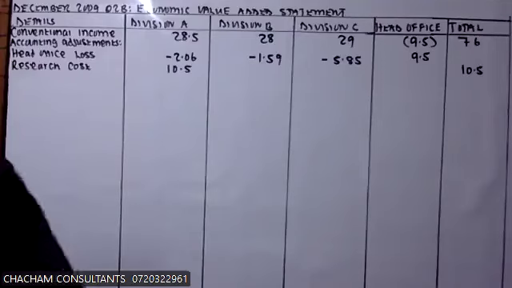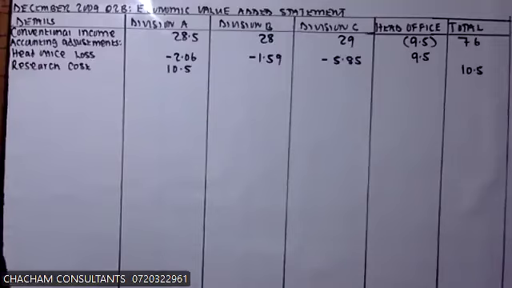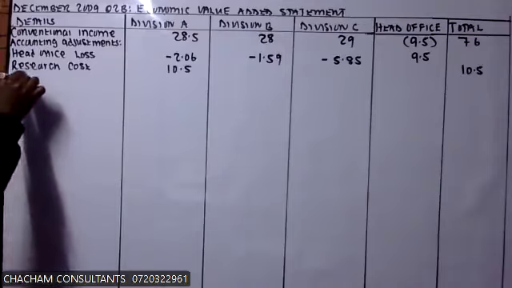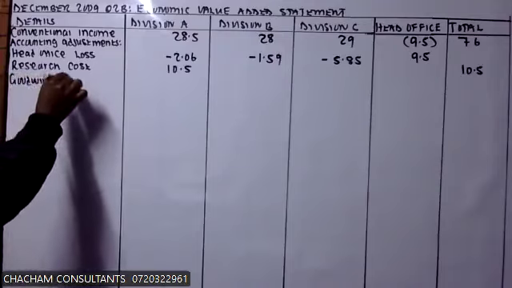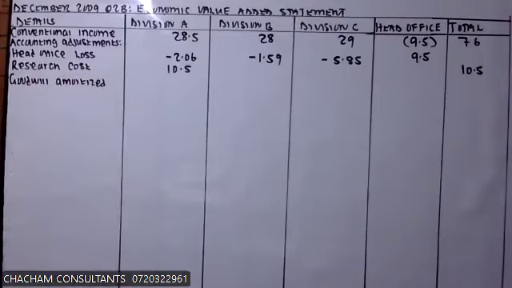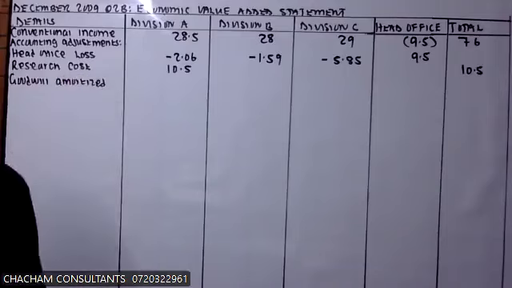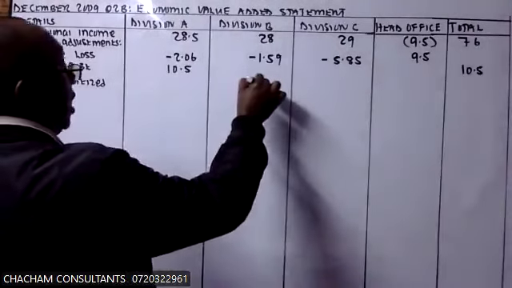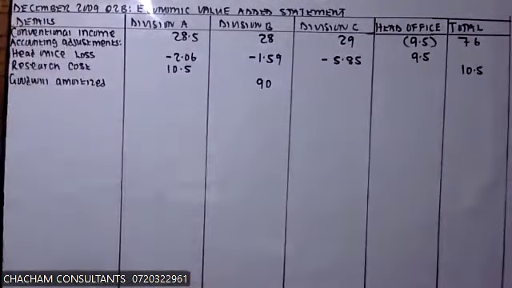The next one is goodwill amounting to 90 and 113.5 that was amortized during the year for divisions B and C. So goodwill amortized should be added back. In division B, it is 90, so we put 90 here. Division C, it is 113.5.